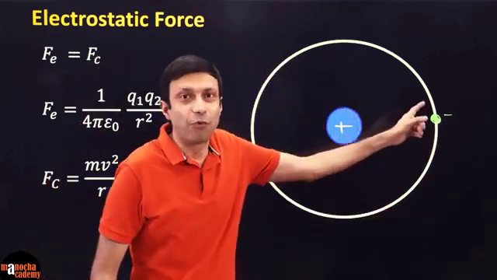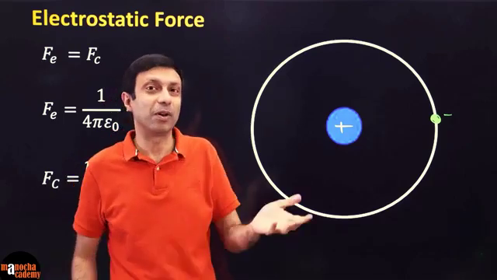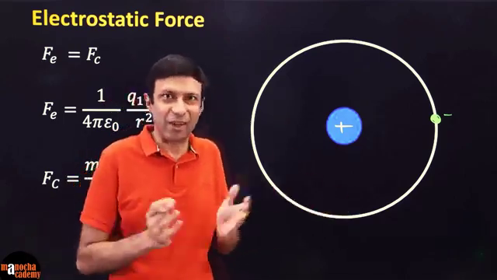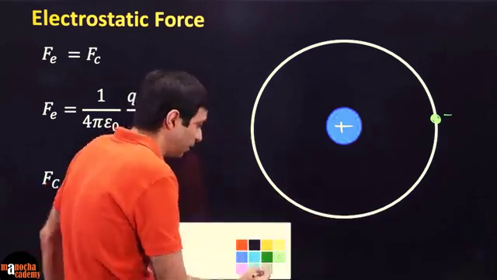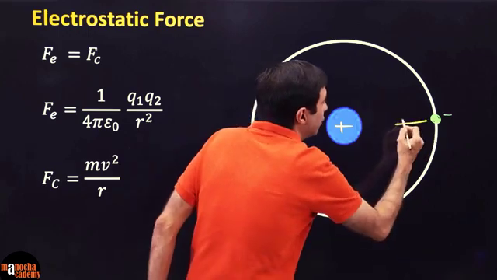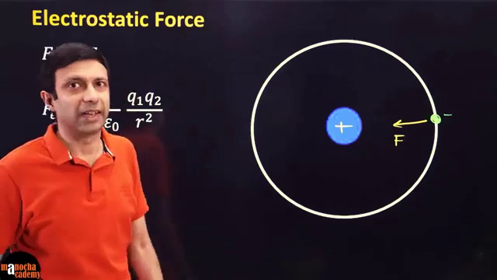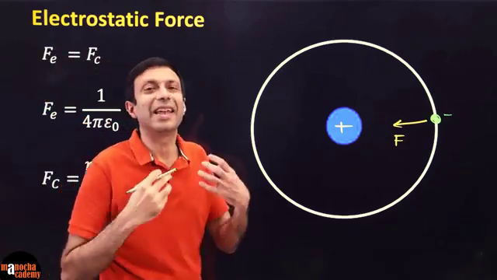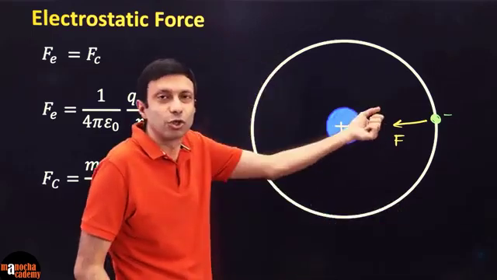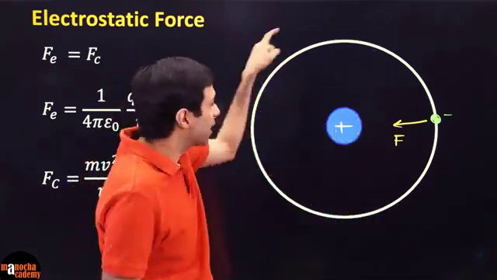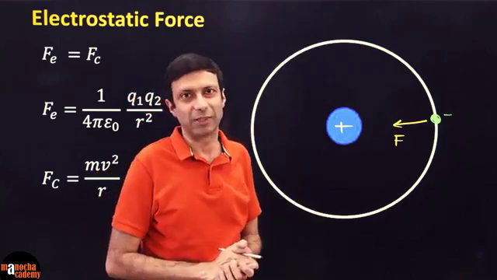So clearly there is a force of attraction between the positive and negative charge, because remember we know that unlike charges attract each other and like charges repel each other. So there will definitely be a force of attraction between the nucleus and this electron. And this is called the electrostatic force. And it is this electrostatic pull that is continuously making the electron revolve around the nucleus.